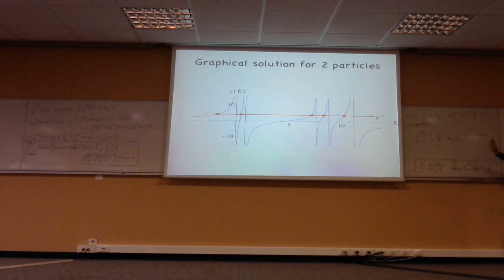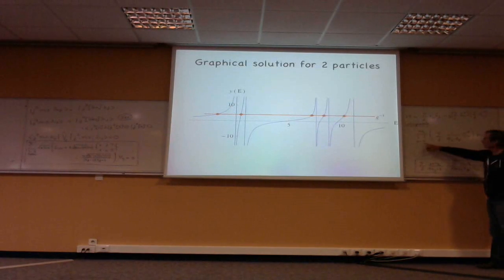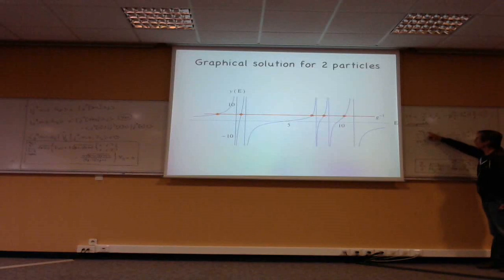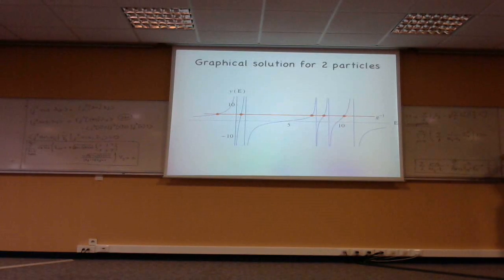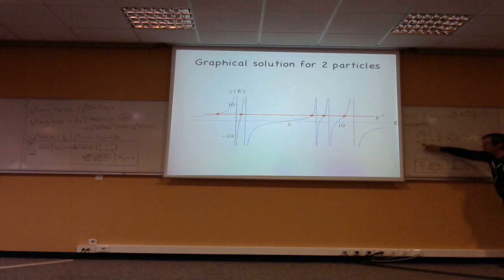Okay, this is for an even nucleus, for a system of even particles, I should say. So then you have an index that runs over the n over 2 pairs.